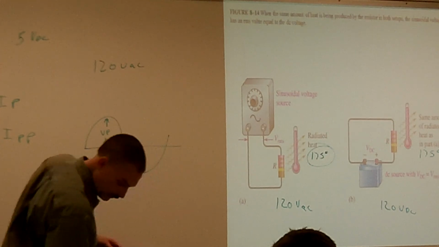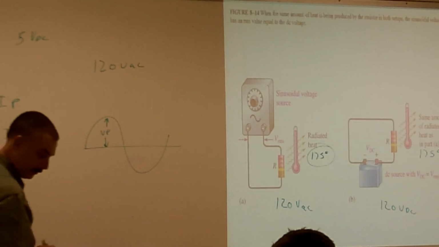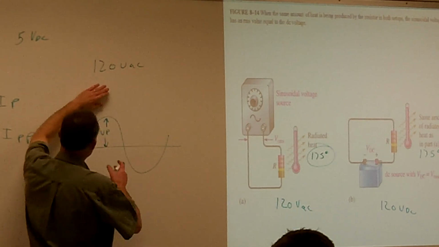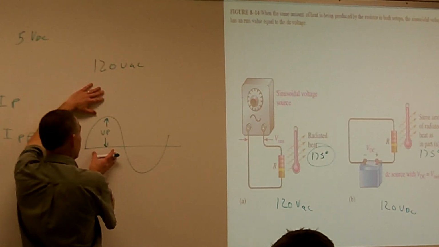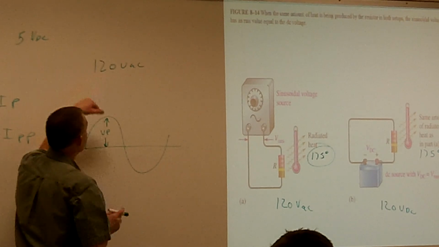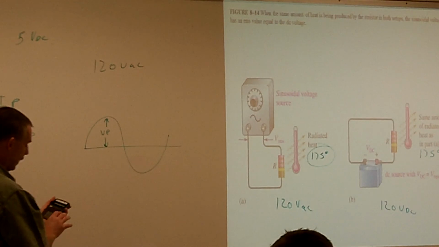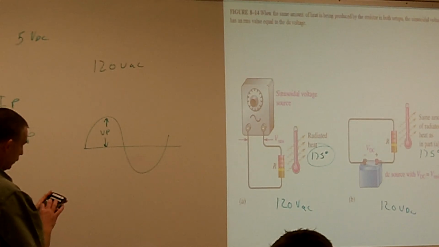The number we use all the time is 0.707. So to find the peak voltage of an AC waveform, I take 120 volts and divide by 0.707.